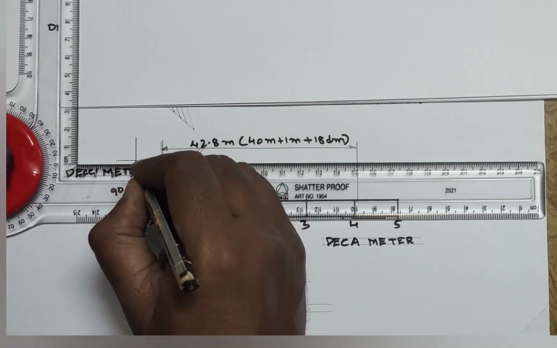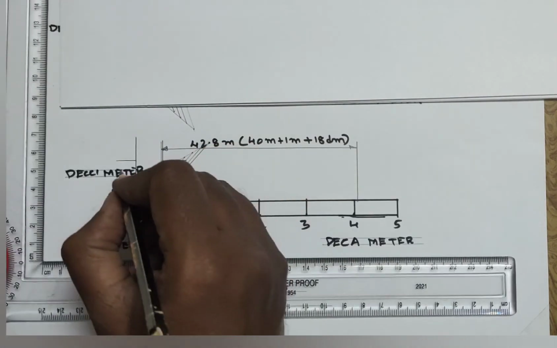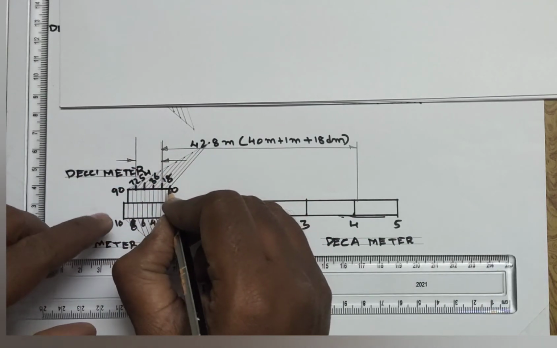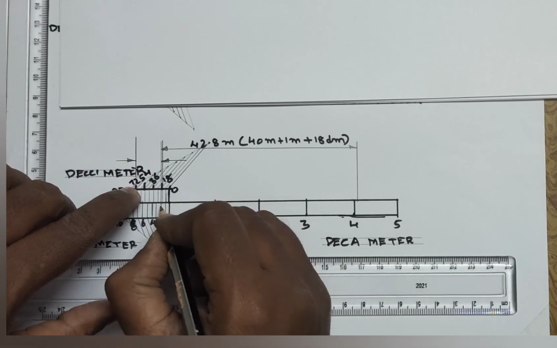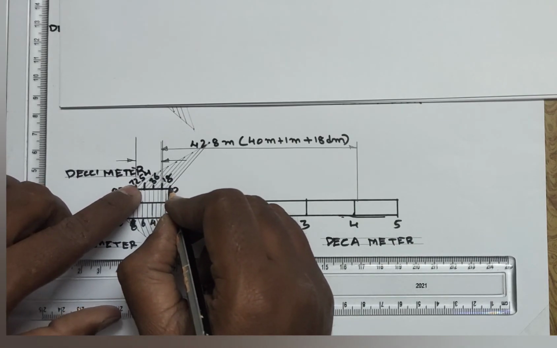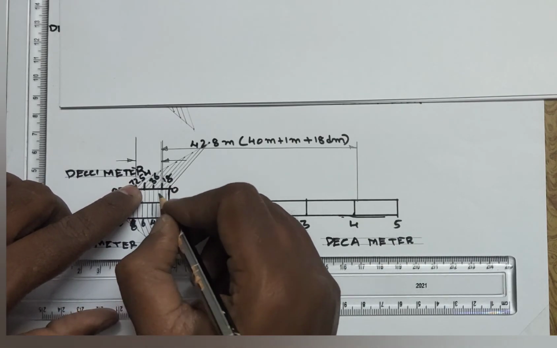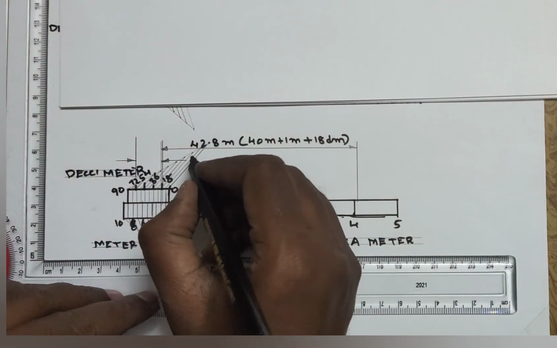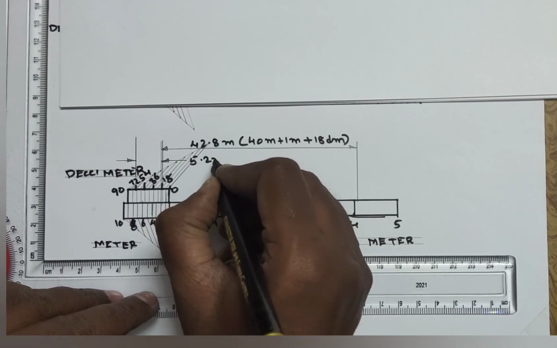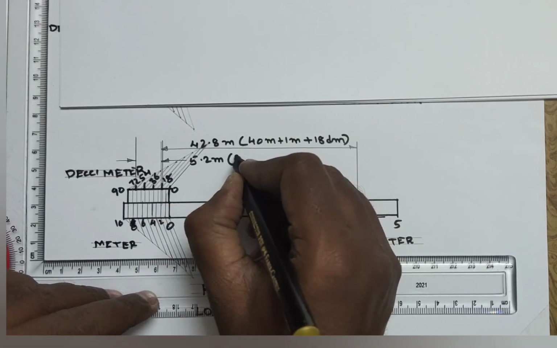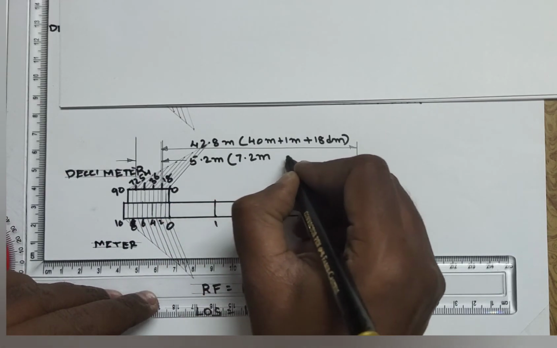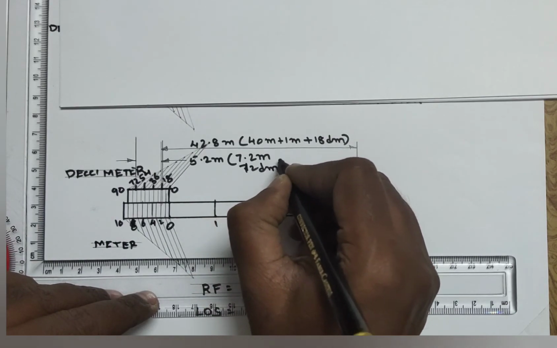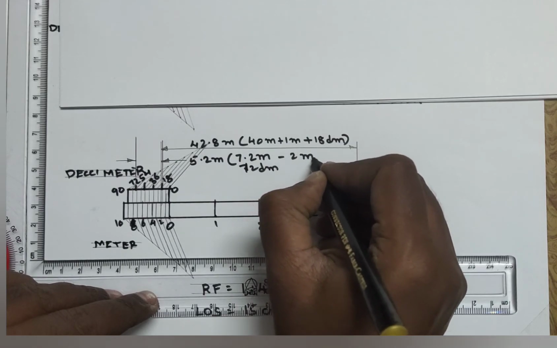If we give the dimensions here, this is the arrowhead here and this one is the other arrowhead. From here to here it is 72. From here to here it is 2. So we subtract 72 minus 20, which is 52. We'll write this information as 5.2 meters is nothing but 7.2 meters, that is 72 decimeters minus 2 meters.